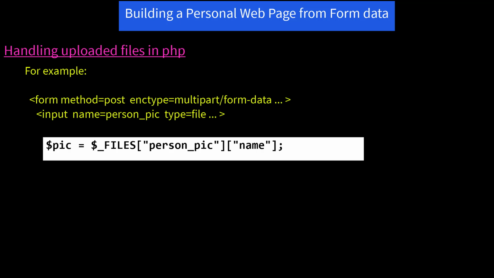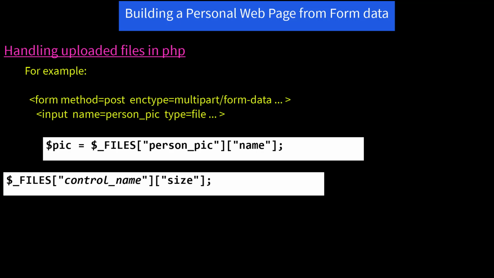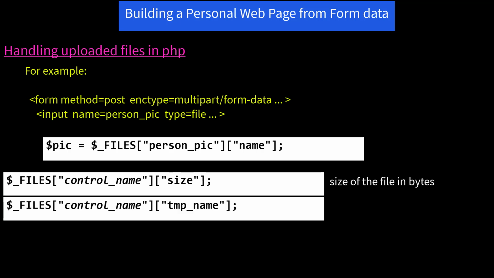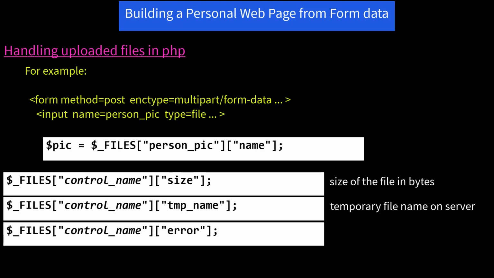The other attributes you can access are $_FILES[control name]["size"], that is the size of the file in bytes, $_FILES[control name]["tmp_name"], that's the temporary file name of the uploaded file on the server, and $_FILES[control name]["error"]. This is the error code for the upload process. A value of 0 indicates success, and we don't care about other values.